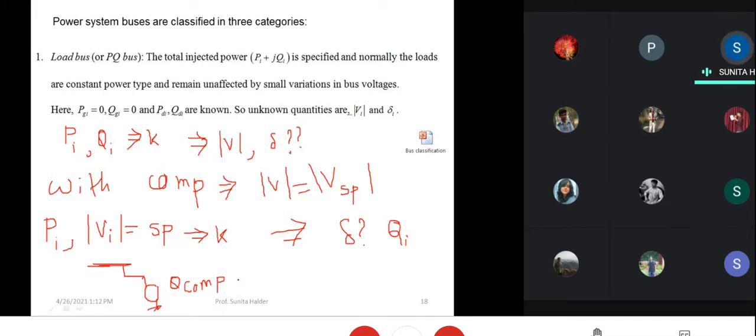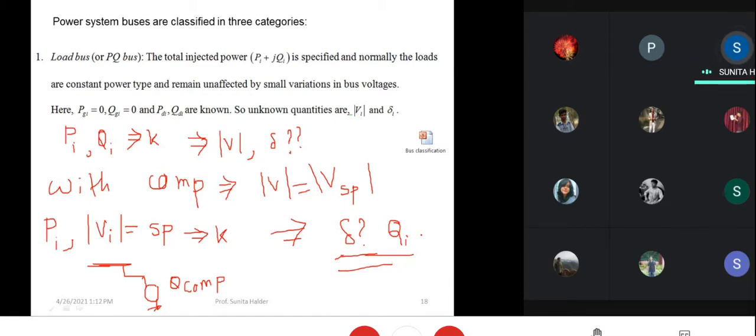So for that reason, QG will be variable. If QG is variable, then QG minus QDI, that is QI, will be variable. So in that case, this load bus will be a special type of load bus where magnitude of V is known, but Q and delta are unknown. Which load bus? Where QCOM is connected so that its output voltage may be kept constant.